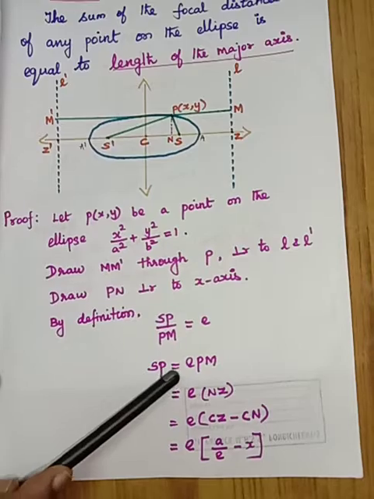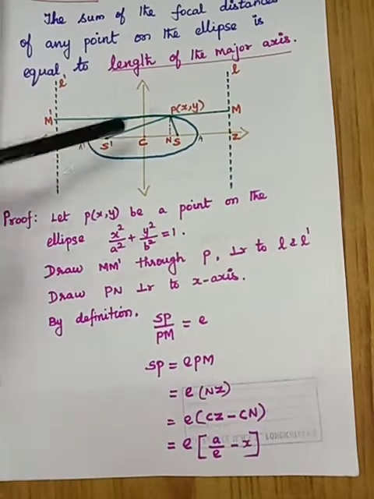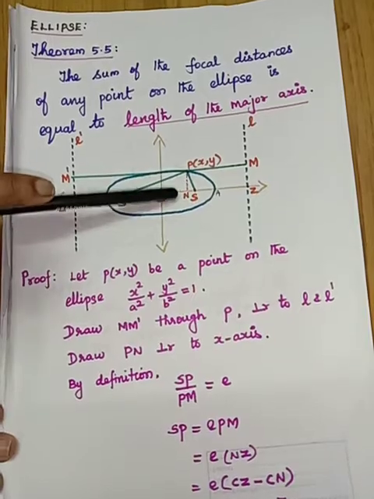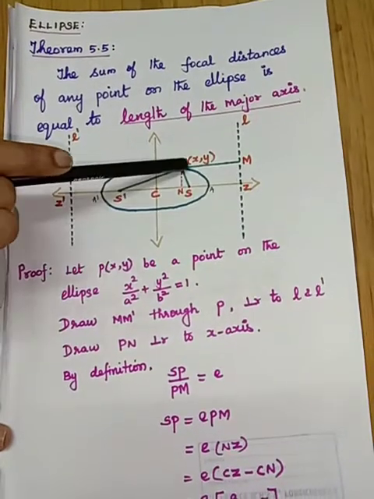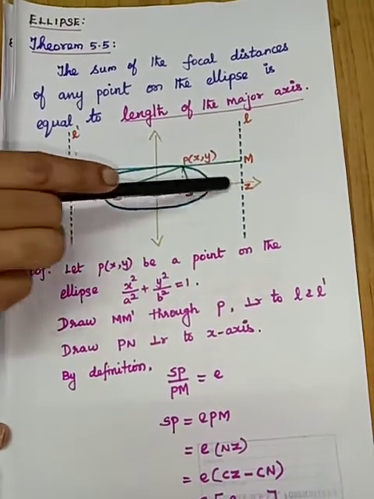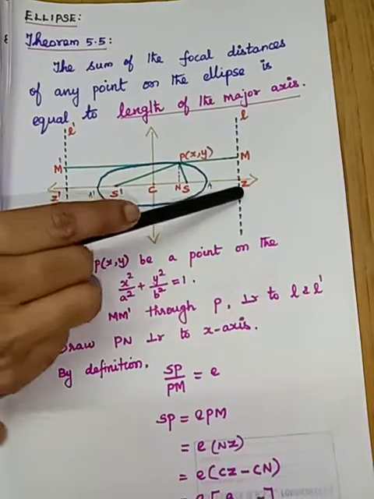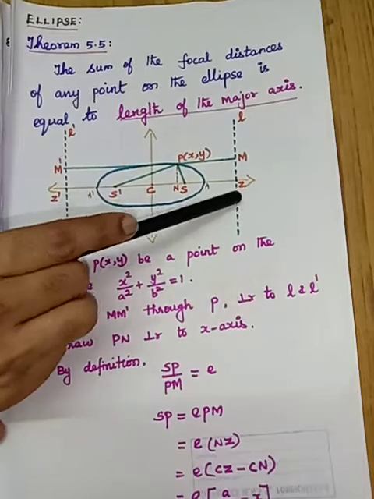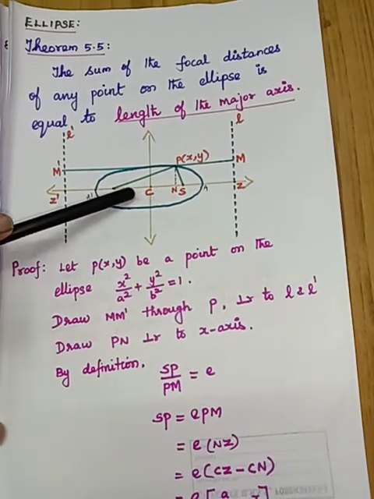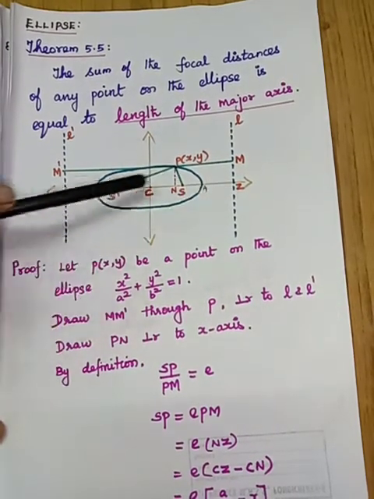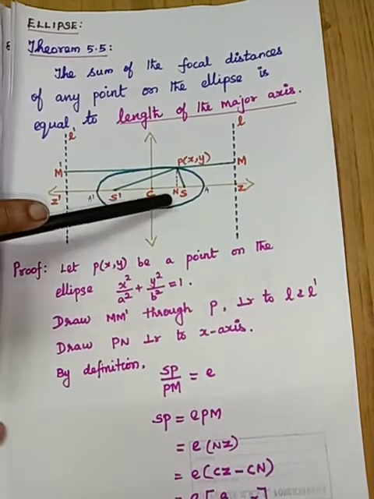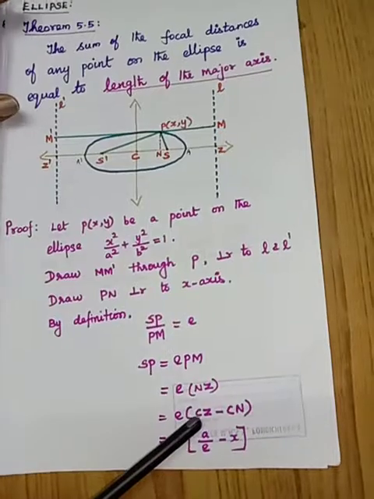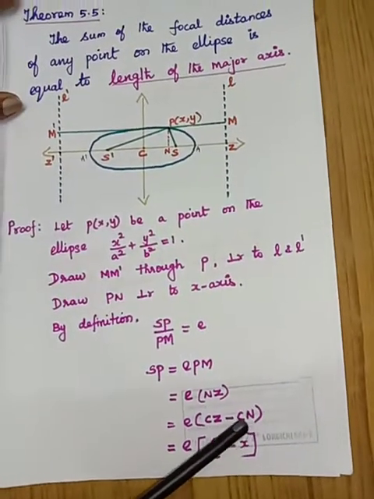So SP is equal to e into PM. Look at your PM distance, which is equal to NZ. This NZ you can write as CZ minus CN. So in the place of NZ I have written CZ minus CN.